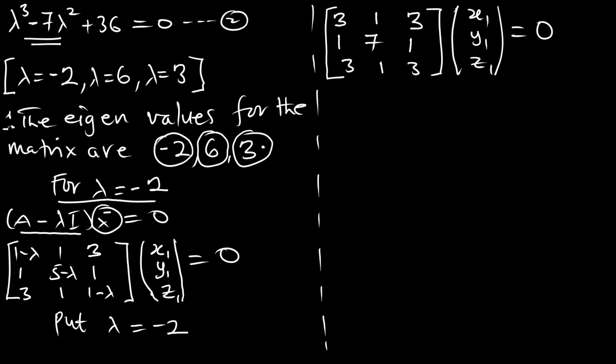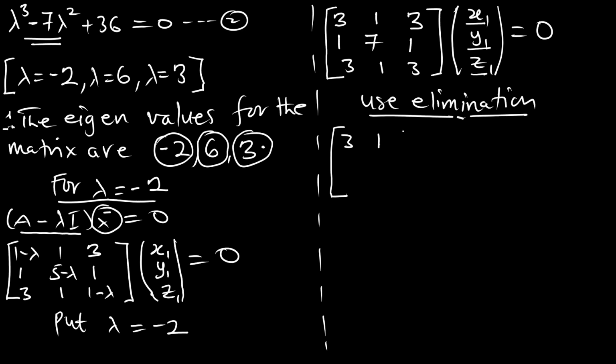So right here, if we want to find the value for x1, y1, and z1, we have many approaches of solving, but I will choose the elimination approach. So I'm going to use the elimination approach to solve, and you have to pay attention to the row operation. If everything is equal to 0, everything is equal to 0.